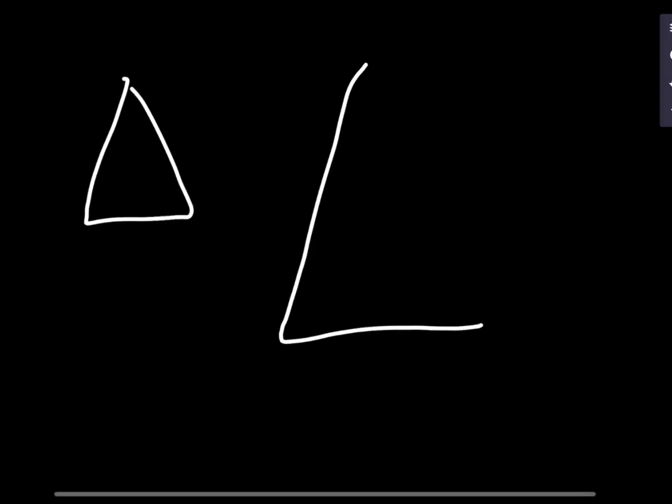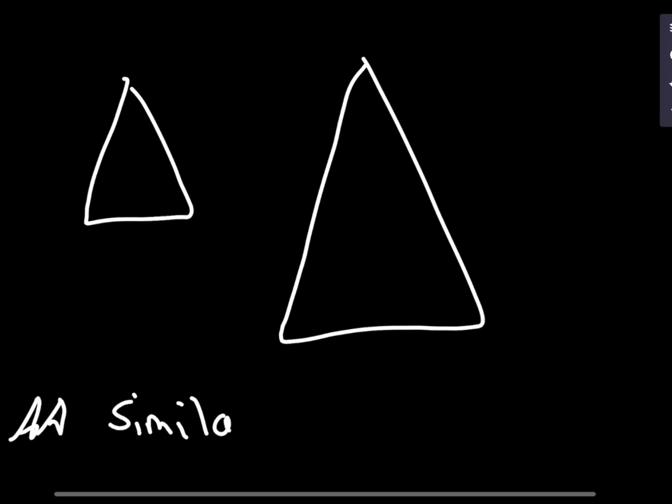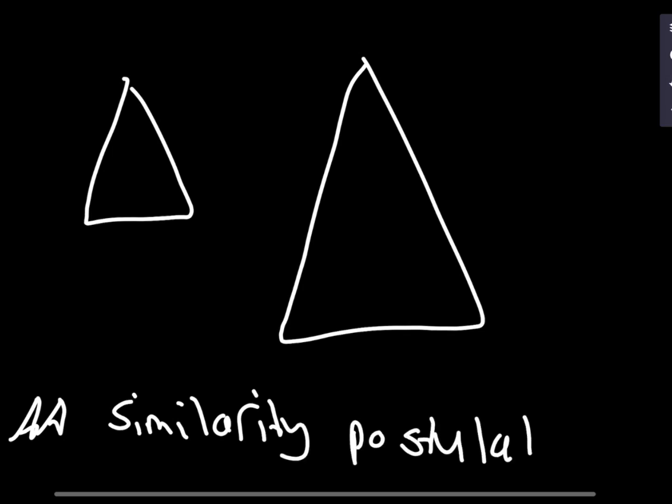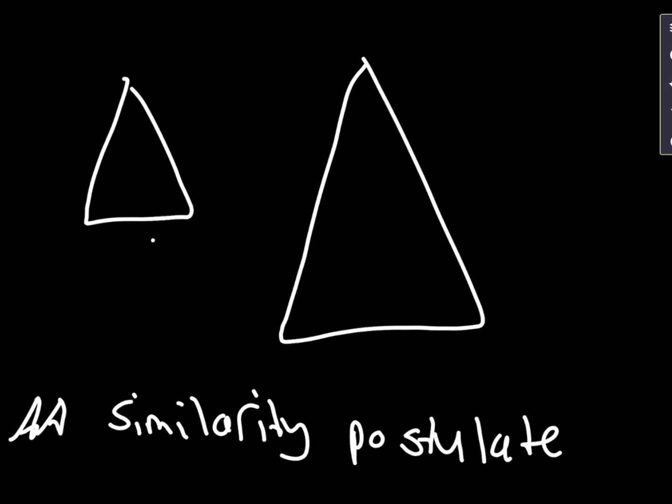First postulate, this is called the AA similarity postulate. What this postulate basically tells you is that it doesn't matter what the sides are. We're not given any sides right now. There are no sides.